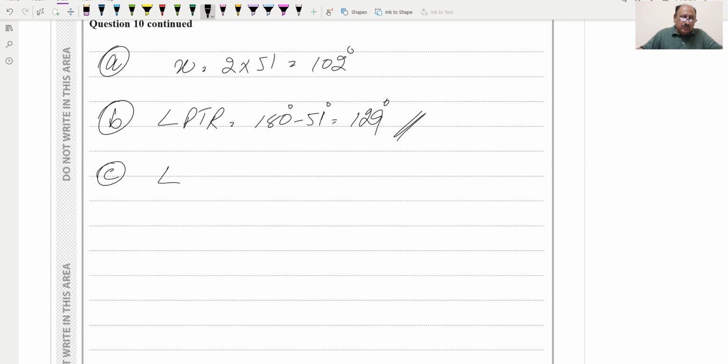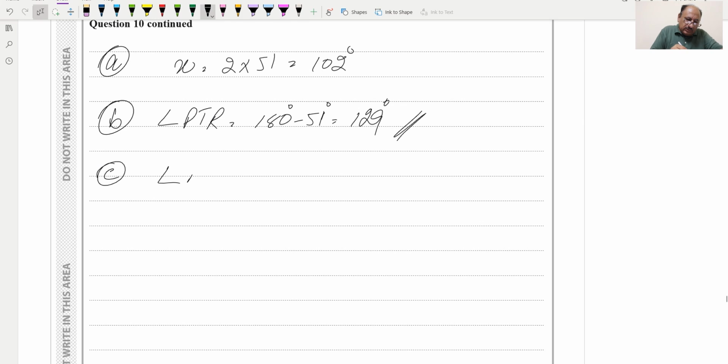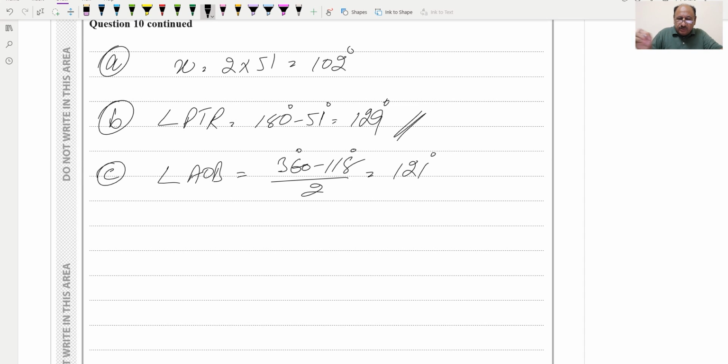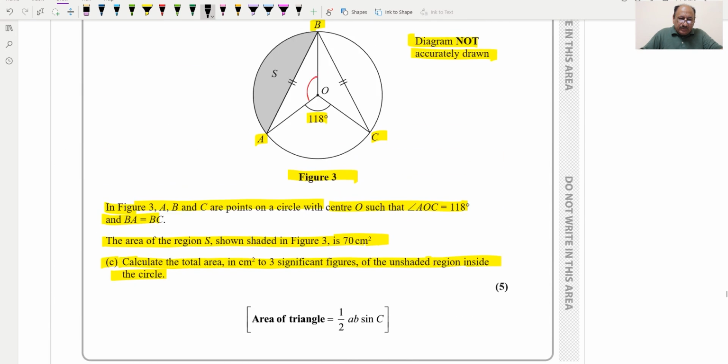Angle AOB is equal to 360 minus 118 divided by 2, and this is equal to 121 degrees.